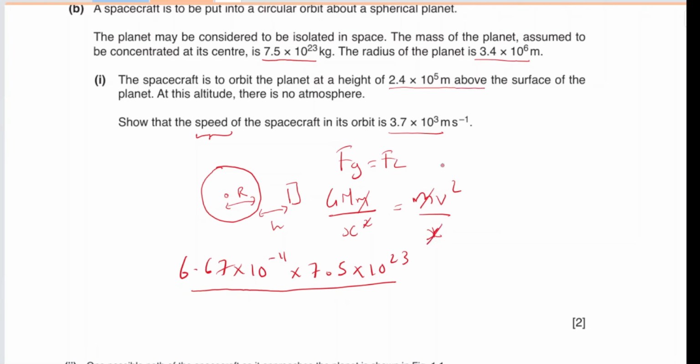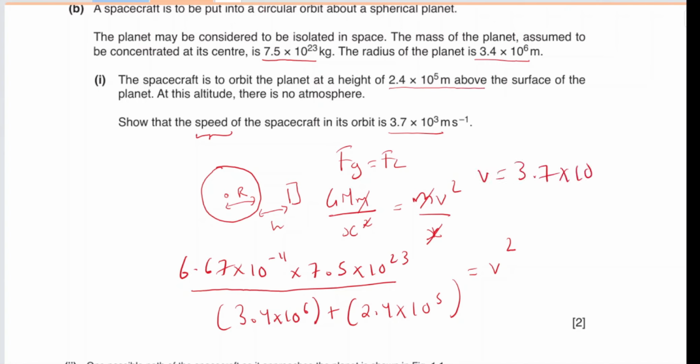And x is the separation, so it's going to be the radius of the planet plus this height over here. So this is going to be 3.4 times 10 power 6 plus this height, which is 2.4 times 10 power 5, and all of this is equal to v square. And when you do the math, you will see that v is equal to 3.7 times 10 power 3.